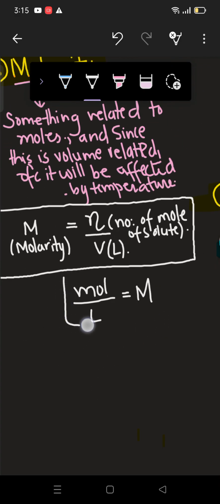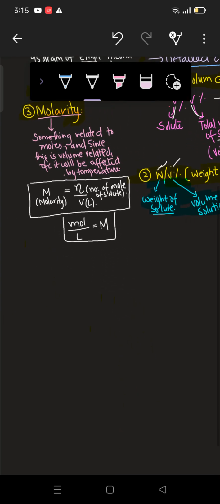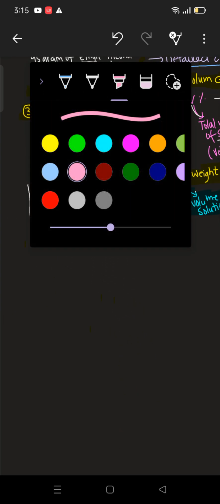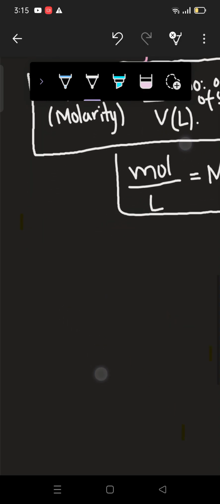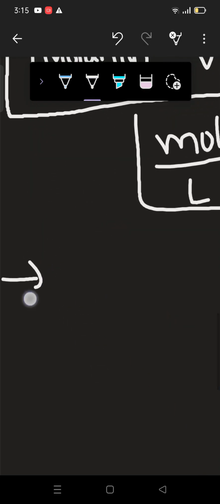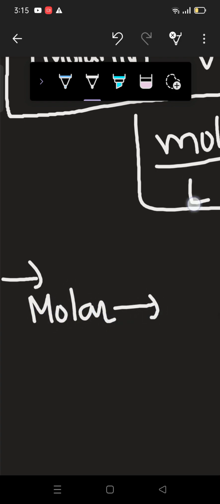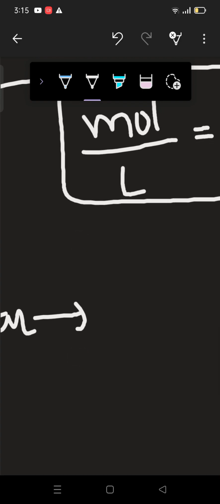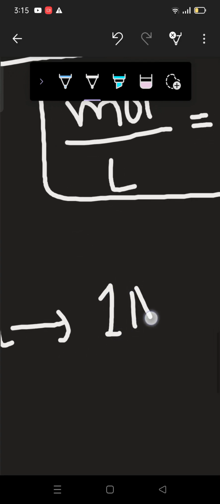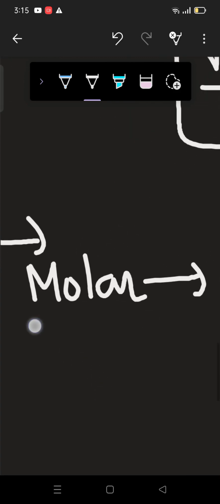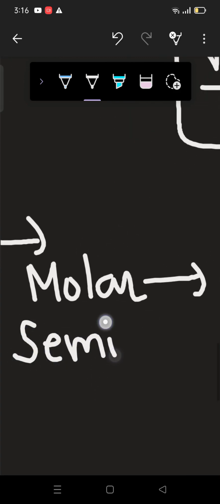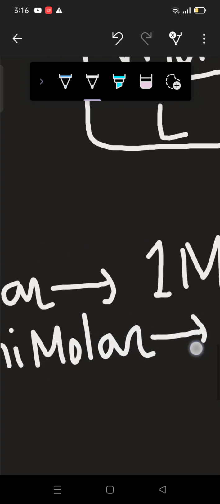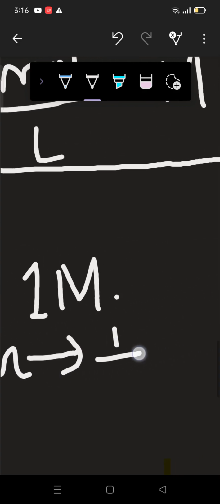Now see, sometimes you have a molar solution, bimolar solution, trimolar solution. What does that mean? Let's understand. If you have a molar solution, which means the molarity is one molar. If you have a semi-molar solution, which means the molarity is half.